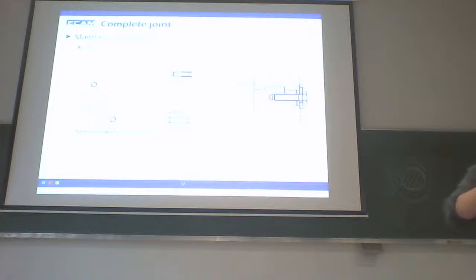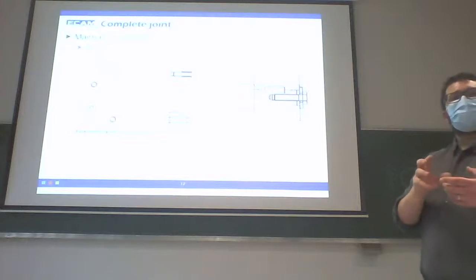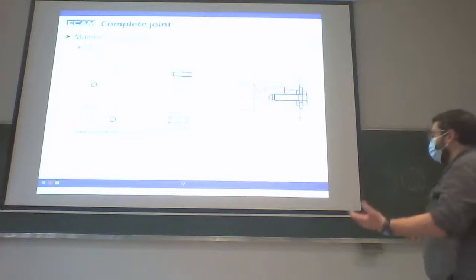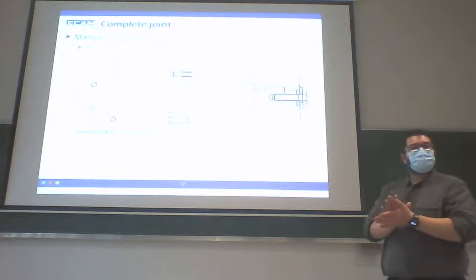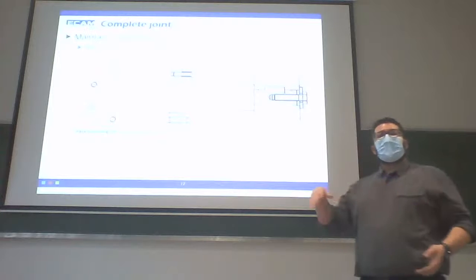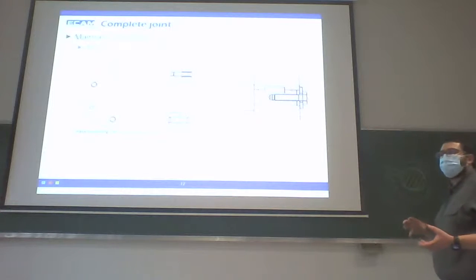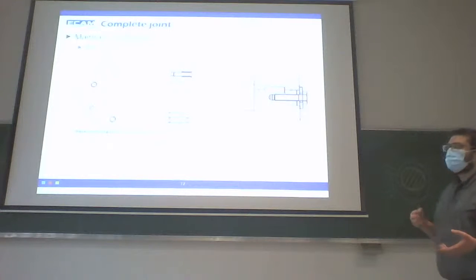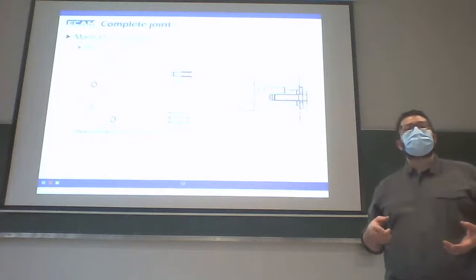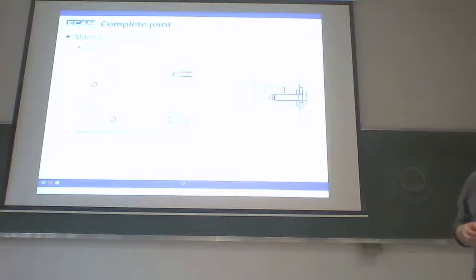The key will stop the rotation. On one side, we have a shoulder at the left that stops the movement between the two parts. And at the opposite side, to tighten the parts together, we'll use a washer plus a screw inside the middle of the shaft. And like this, we realize a complete joint.